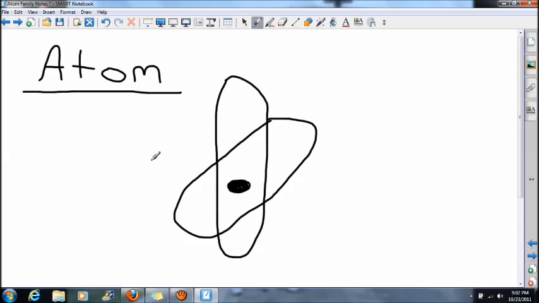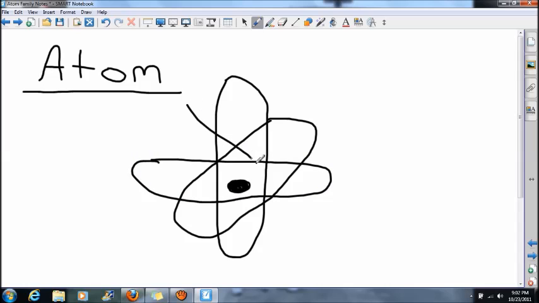And so we kind of get this right here. This is the typical picture you will find for an atom. Something kind of like that.